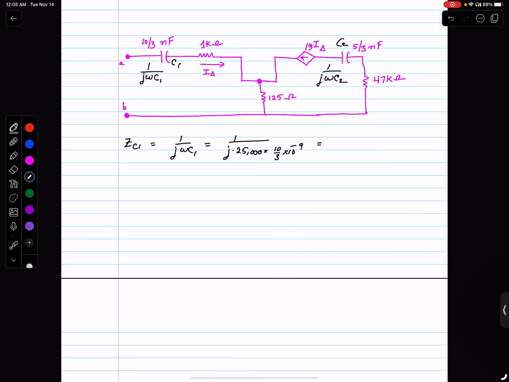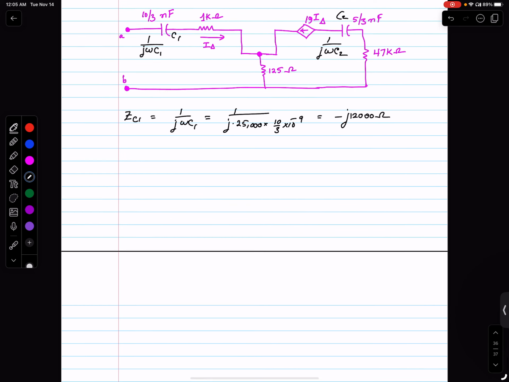Okay, so you should see a value of ZC1 equals negative j 12,000 ohms. Similarly, calculate ZC2, 1 over j omega C2. Plug in the value for omega, plug in the value for C, which is given to be 5 over 3 nanofarads. You should get a value of negative j 24,000 ohms.